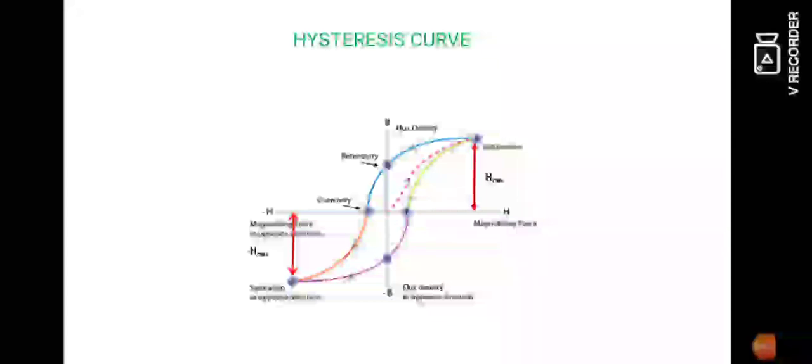The actual path of the loop is O, A, B, C, D, E, F, A. During this cyclic process of the external magnetic field H and the induced magnetism B, the material is slowly converted into a magnet.